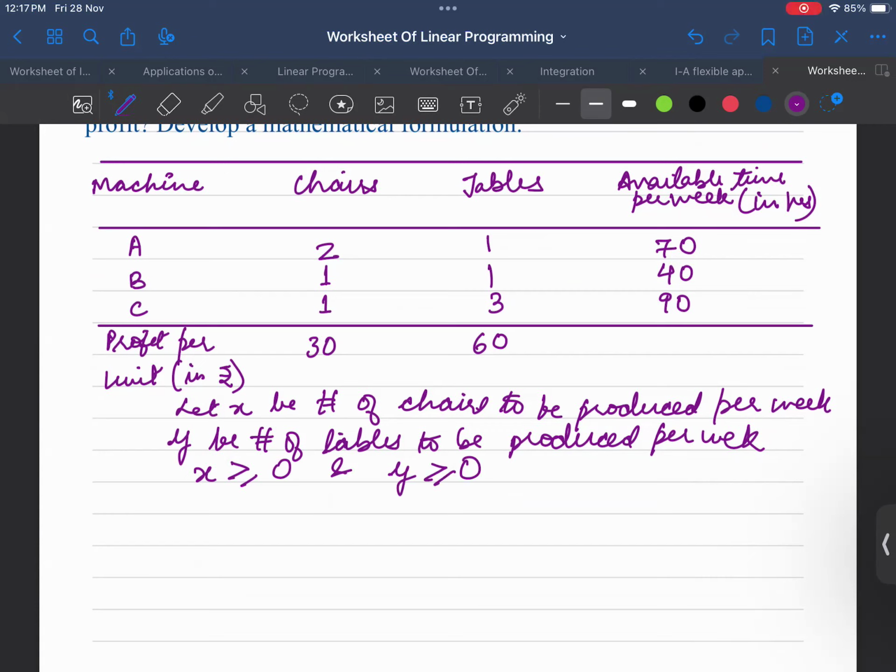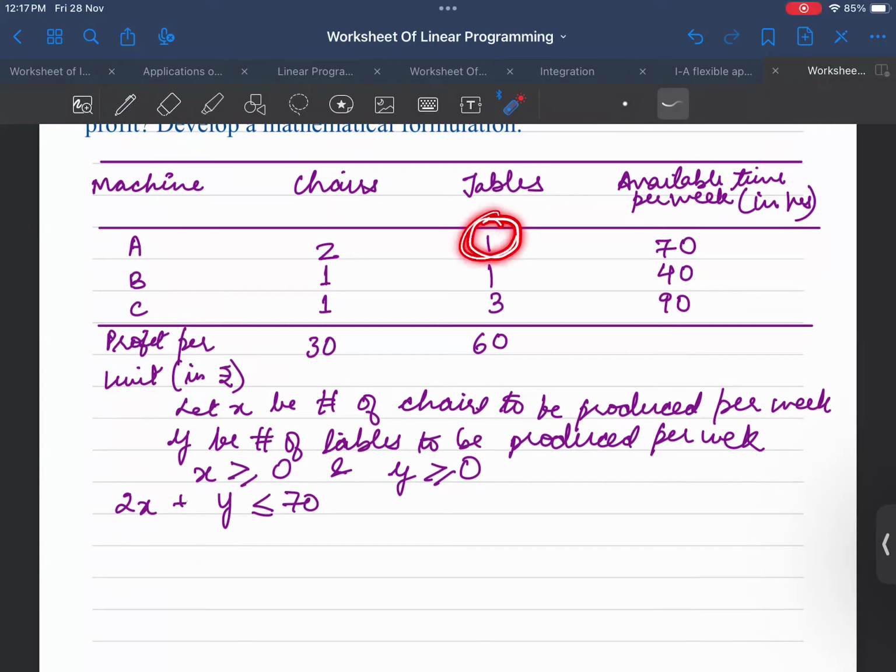We can say 2x plus 2y is less than or equal to 70 as it is given. For the chairs on machine A, we have 2 hours and the chairs we are making are x. It means 2 into x hours, plus, for the tables, y tables multiplied by 1.